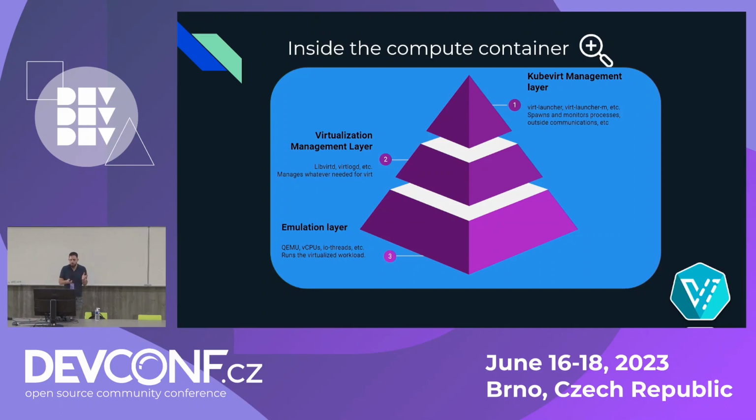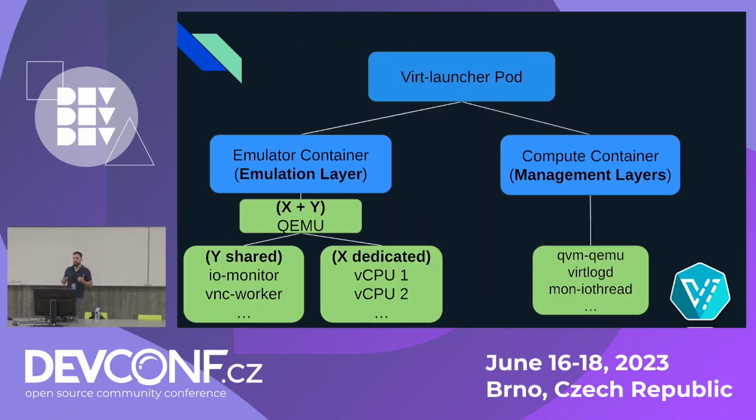So if we look at it again, what we did is reflect our model a lot better, because now we have the compute container for the management layers and the emulator container for the emulation layers. And we can now configure both containers differently according to our needs.